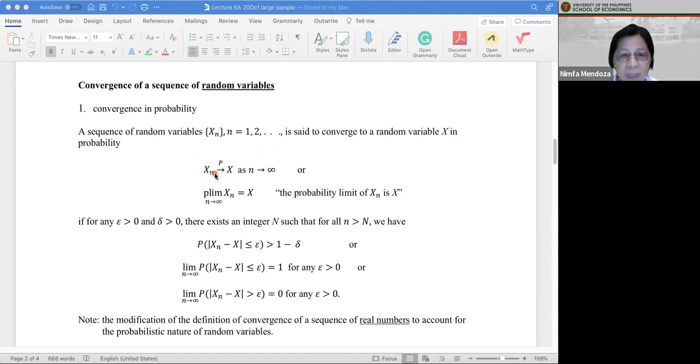So you have here x sub n converges to x in probability as n approaches infinity, or you have it here, the p-lim of x sub n as n approaches infinity is equal to x.